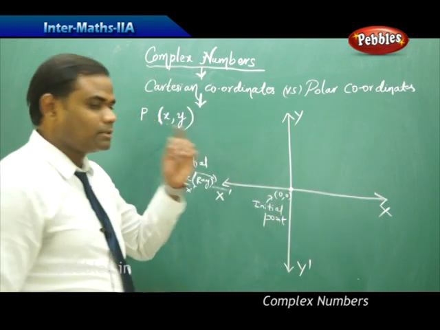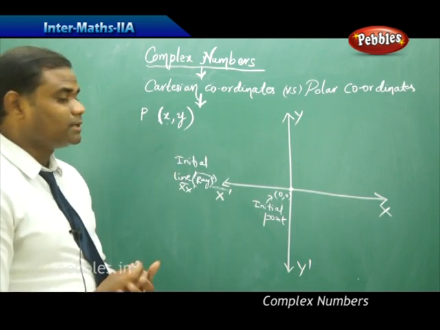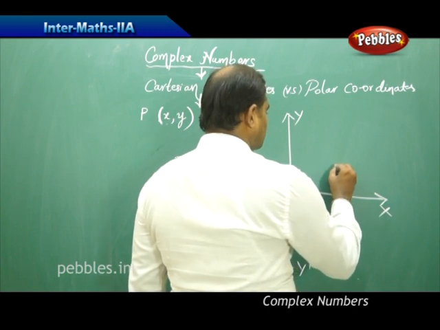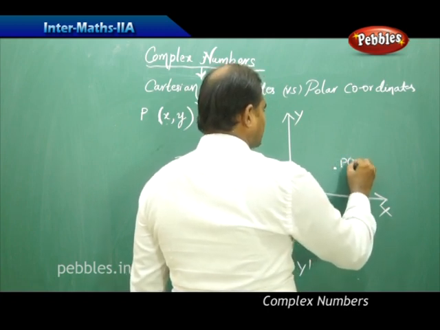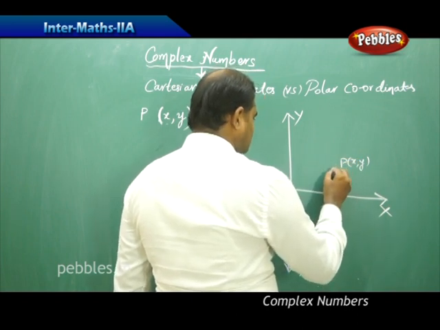So with this initial point, let me see how the polar coordinates are defined for this point P(x, y). Let me say the point P(x, y) is somewhere out here.